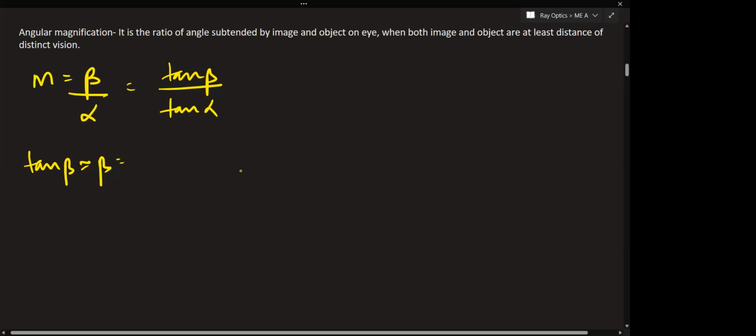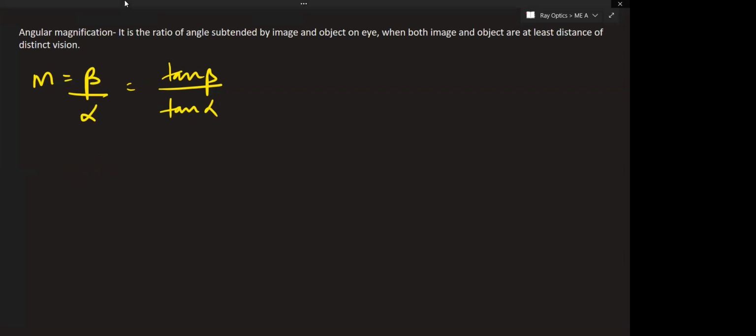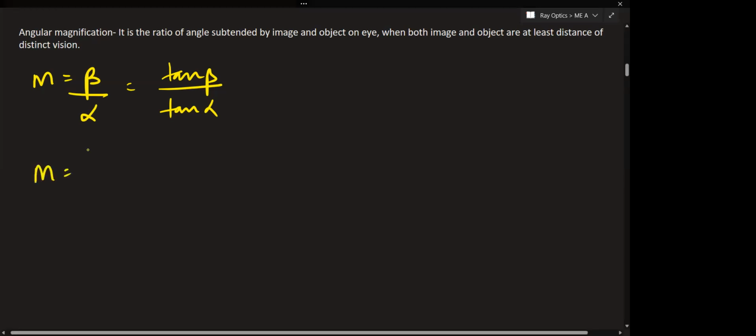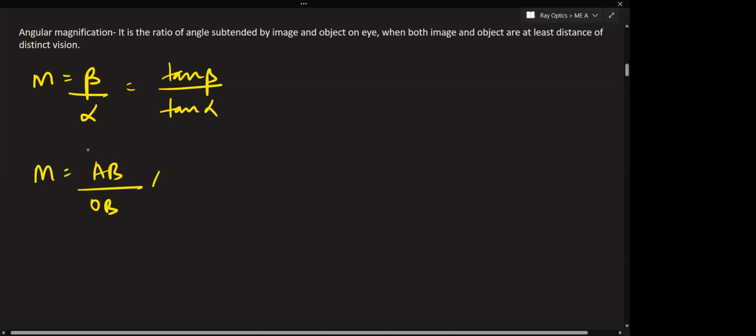So tan theta becomes almost equal to theta. Right. So let me write the ratios directly over here for magnification. Magnification will become AB by OB multiplied by OB dash by A dash B dash. Right. This is what it will become.